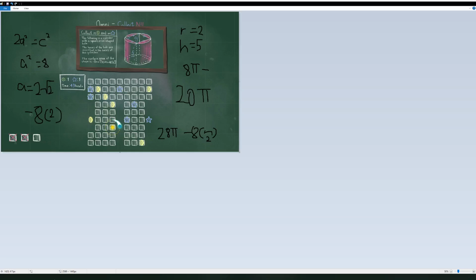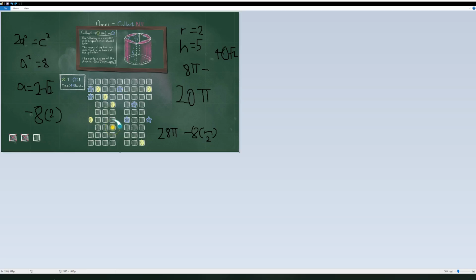Let's take account of the surface area added by the hole on the inside of this cylinder. We know the side length of the square is 2 root 2. The height is 5, so that's 10 root 2, so that's the 40 root 2 here, so we can ignore that.